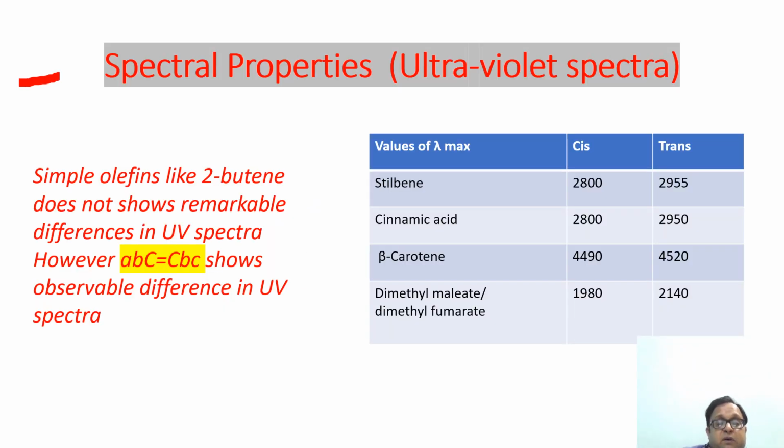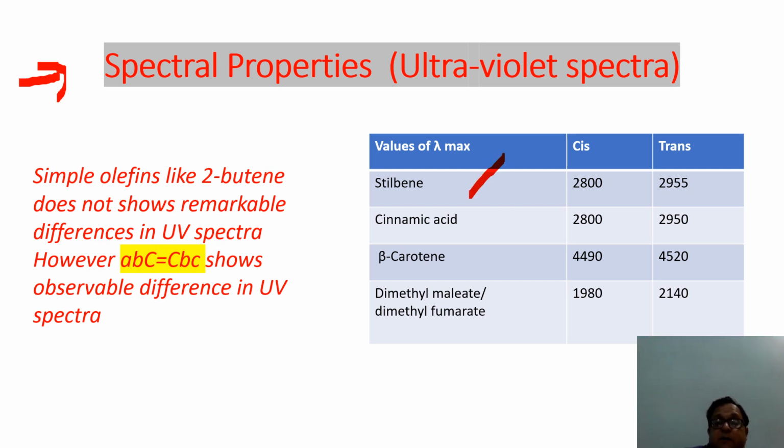Next, we will use spectral properties as a method for geometrical isomers. Simple olefins like 2-butene do not show remarkable differences in UV spectra. However, cis and trans isomers show observable differences in the UV spectra. Stilbene, for instance: its cis isomer has a lambda max of 2800, and the trans isomer has 2955.